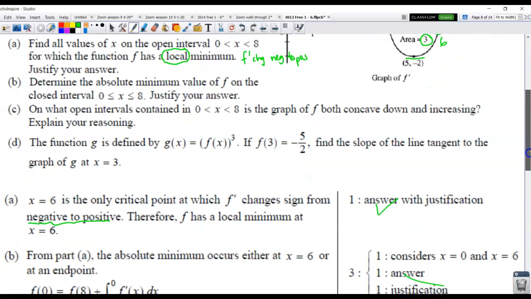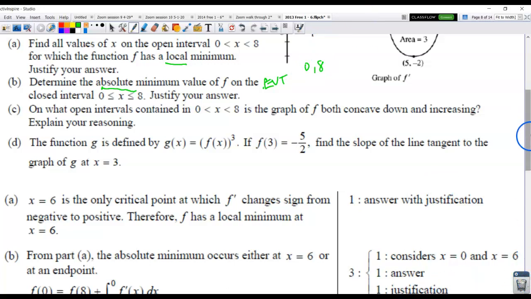In letter B, we are determining, now we're going from a local minimum to the absolute minimum. So now we've launched into the EVT, and we're going to have to consider the endpoint of 0 and the endpoint of 8, and we're going to have to consider all critical numbers.